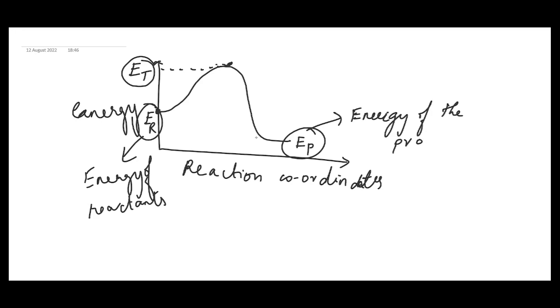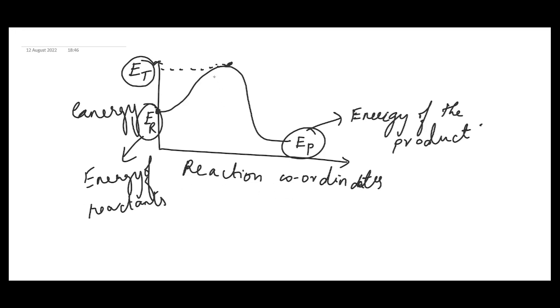Essentially this is not the ending point of this graph, but at this point the graph starts to become a constant graph. So some arbitrary point we decipher to be the energy of the product. That's why we are taking this point as the energy of the product.